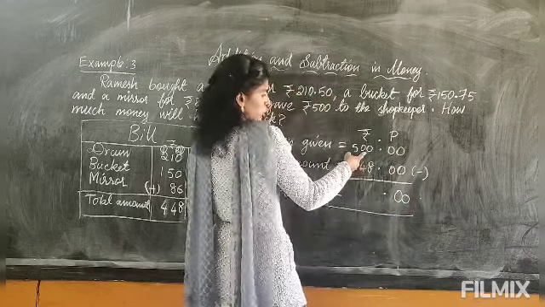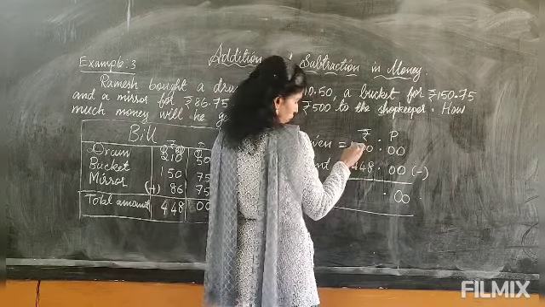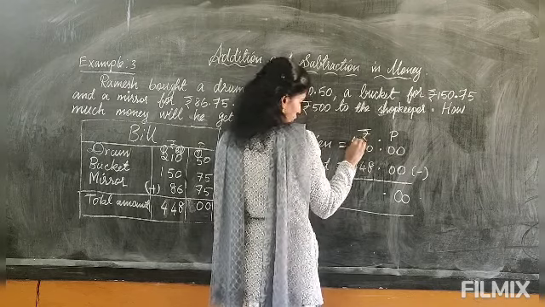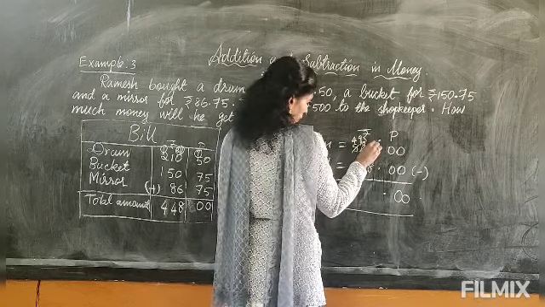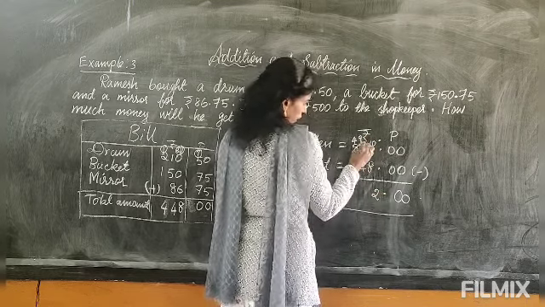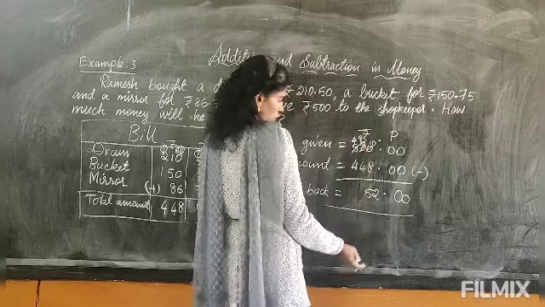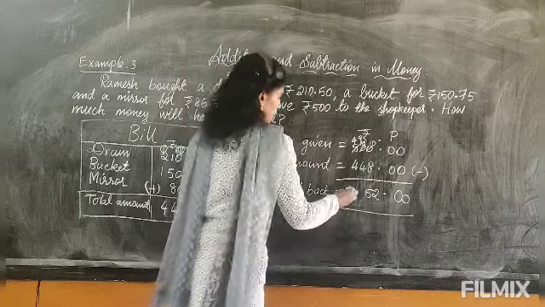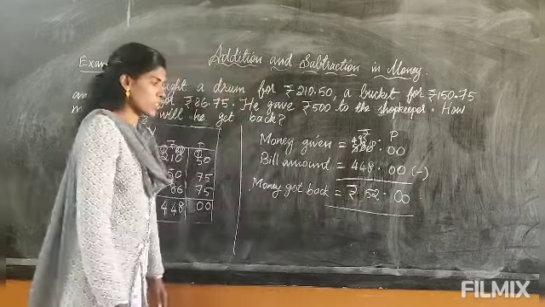Now these two you cannot subtract. This is small, this is big. So you have to borrow from 5 only. If you give 1, 4 will remain and this will be 10. From 10 you will give 1, so 9 will remain and here you will get 10 now. 10 minus 8, 2. 9 minus 4, 5. 4 minus 4, 0. 0 no need to write. So it is 52 rupees. So here the money returned back is 52 rupees. This is the answer.